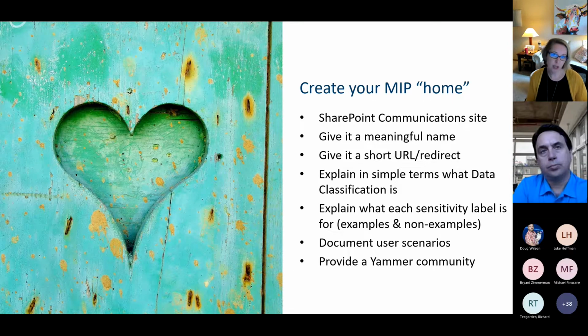As part of the SharePoint communication site, please make sure that you put together a glossary. You should have clear definitions for each of your sensitivity labels. As we've already discussed, you should also name those sensitivity labels effectively, not using acronyms, not using internal terms that are unique to your organization, but try and make them as clear and simple and easy to understand as possible.